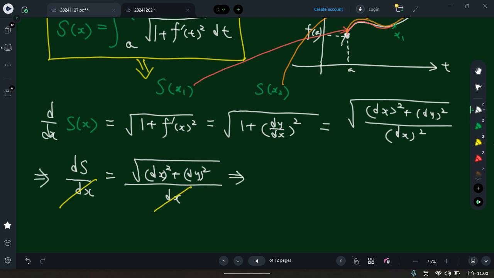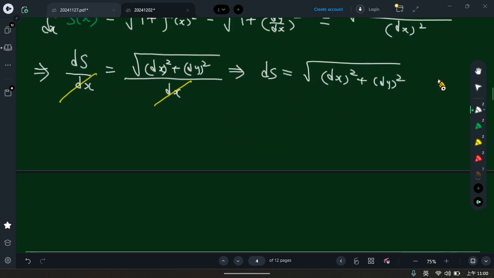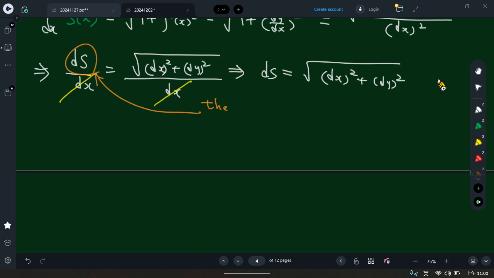Then we can get ds is equal to the square root of dx squared plus dy squared. So you can treat this as the differential form. Of course, dx and dy are all differentials.